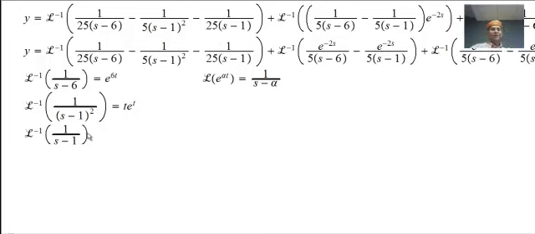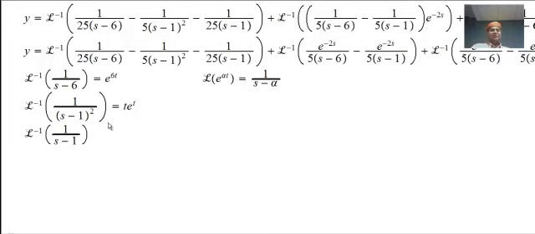No, I'm more wondering about the next. Tell me the next one. No, look right here. Match this with this. I mean the second Laplace inverse, the e to the negative 2s over s minus 6.